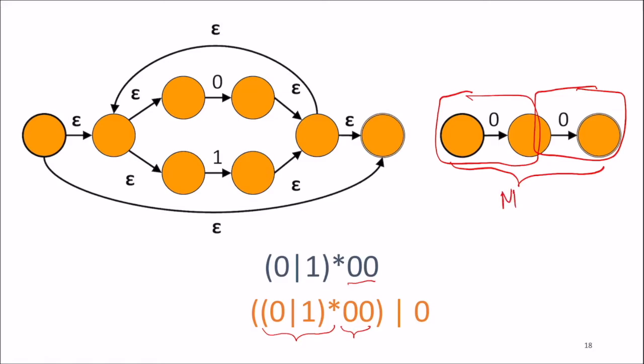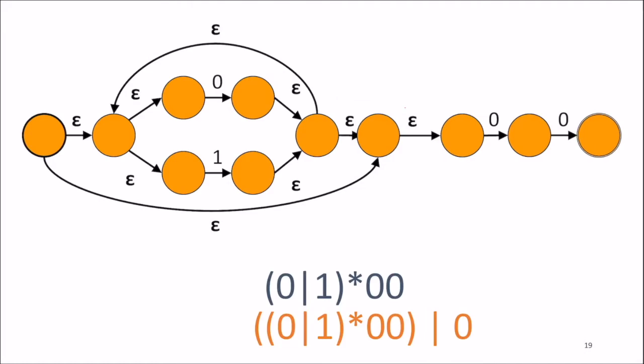So this NFA here recognizes the NFA for 0, 0. Now all I want to do is take the NFA for 0 or 1 star and combine them together. All I have to do is connect this NFA with that one, since it's doing concatenation, right?